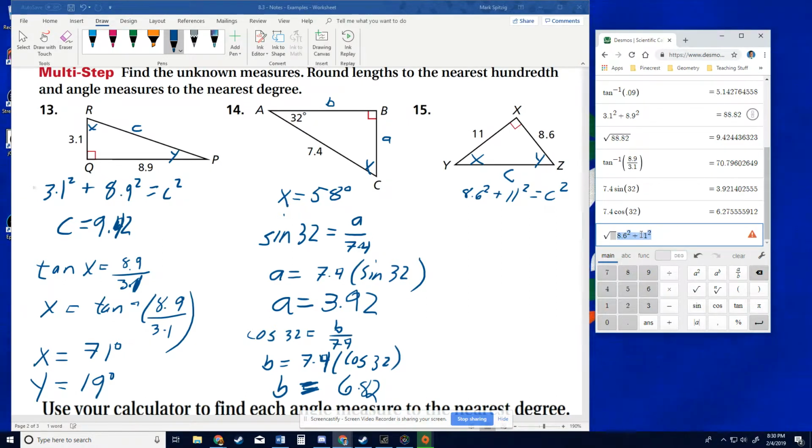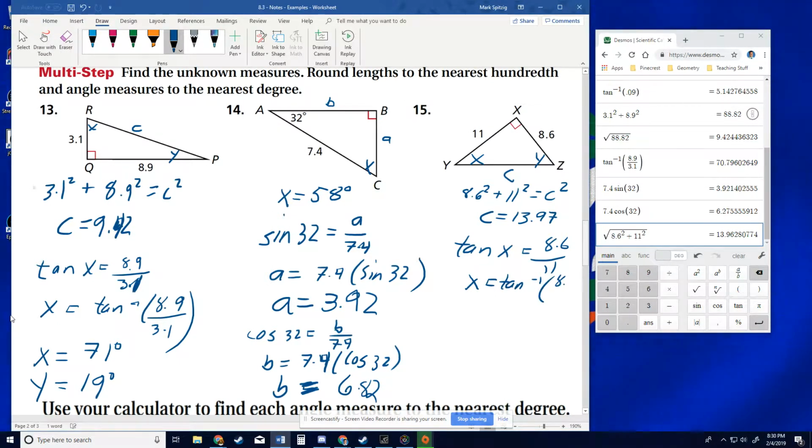I can do it in one step, and we get 13.97 for C. So C equals 13.97. All right, if I want to set up one of these equations, we're going to start with x, opposite and adjacent. That's tangent. So we know that tan of some angle equals 8.6 over 11, and we can use the inverse tan of that ratio to get the angle.